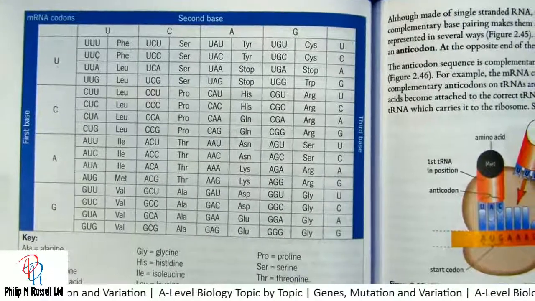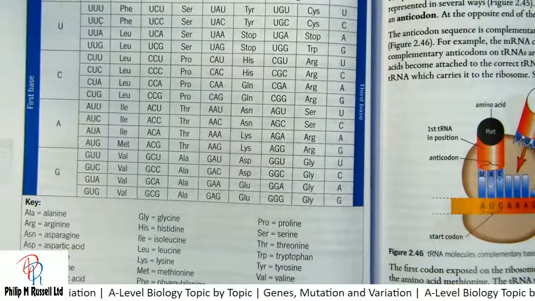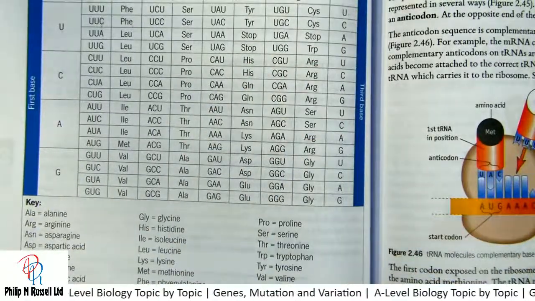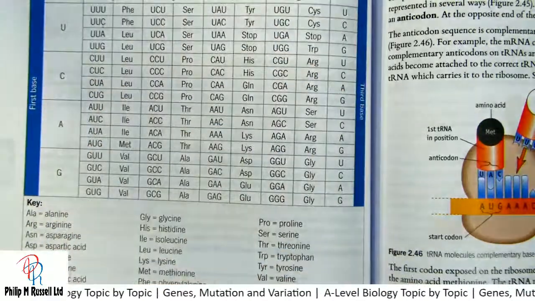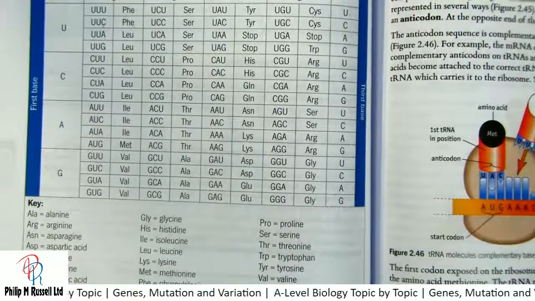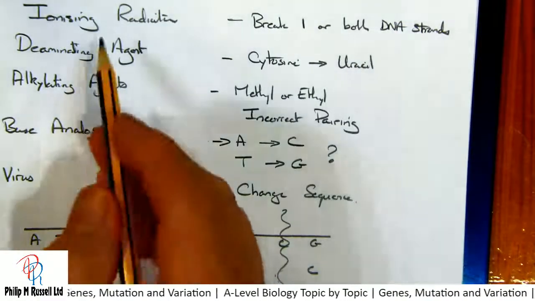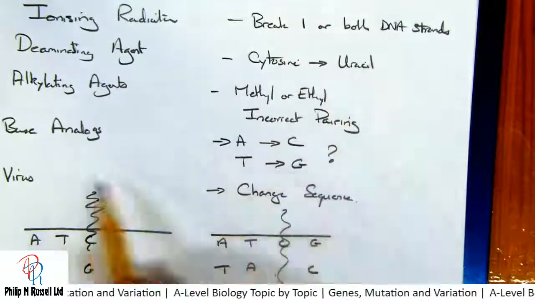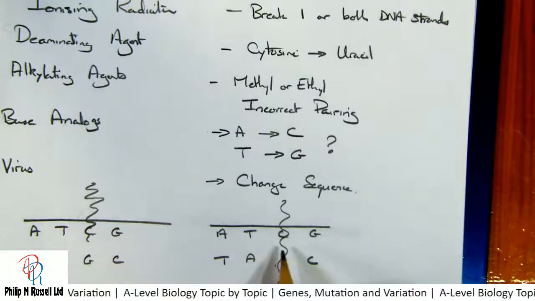If I push this up, you can see there is a list of what all the different bases are and what they stand for. Sometimes in an exam you might be given a table like this and have to process the information from it, but that isn't today.